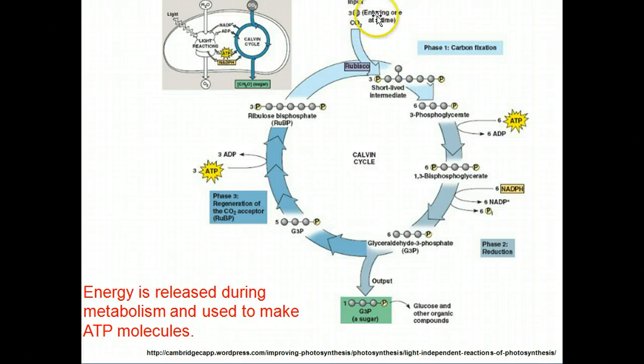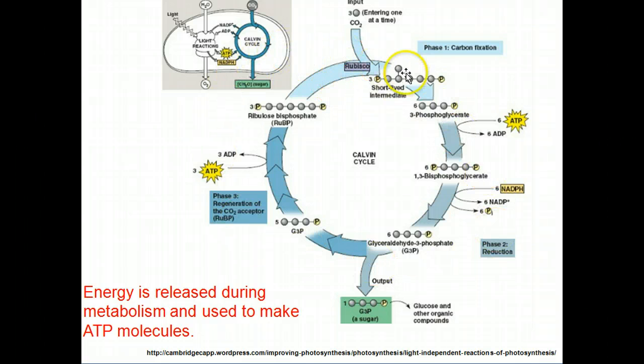Here's our carbon dioxide, and the energy is going to drive it. Here's our ATP that we need. We're going to put in some ATP molecules here, some more over here. That single carbon molecule, carbon dioxide, is going to interact with a molecule inside the cycle, which is the ribulose bisphosphate.